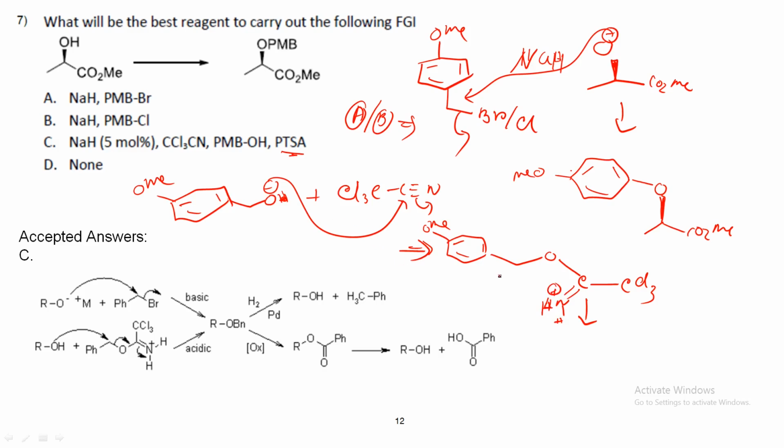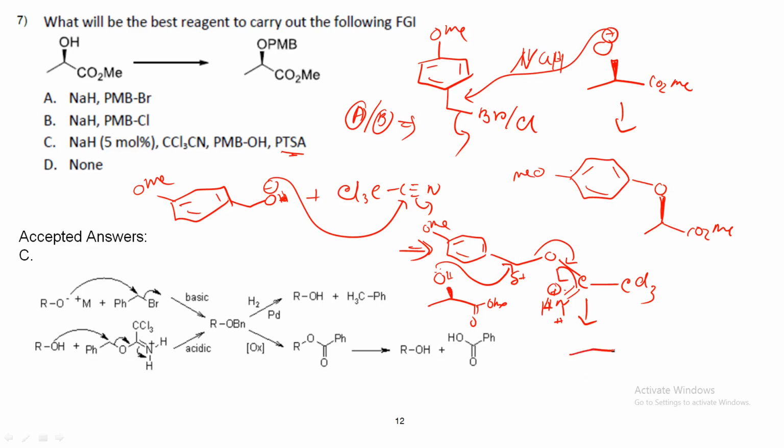So this nitrogen can be protonated in the acidic form, and it becomes this. Now we can think of this alcohol, our starting material. So this is an electropositive center. Now SN2 can happen. An alcohol can attack this center, followed by this type of thing.